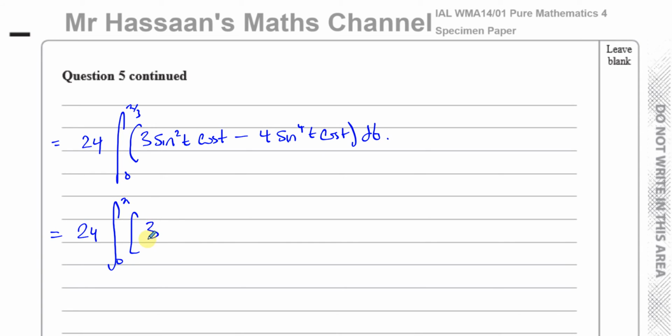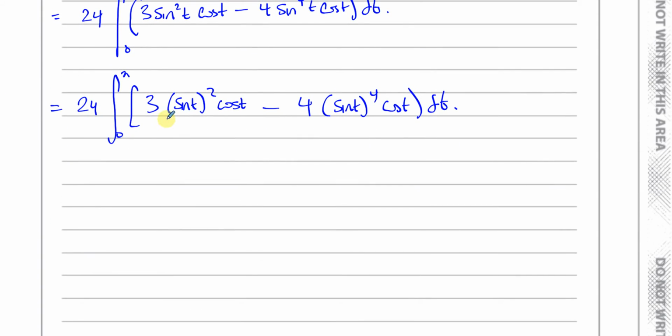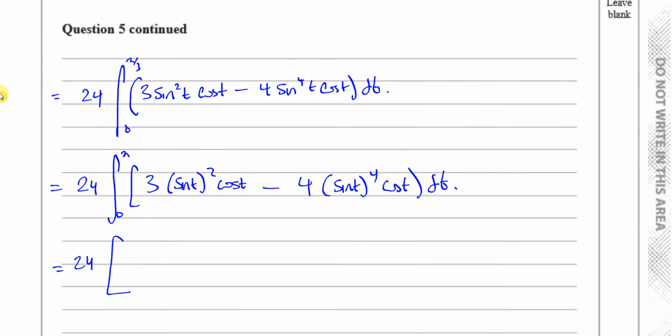I'll write this as 3 times sine t squared times cosine t, and minus 4 times sine t to the power 4 times cosine t dt. Now this I can integrate. This is 24. I'm going to have my limits of 0 and pi over 3.